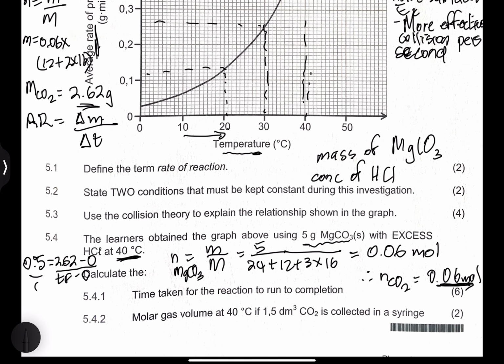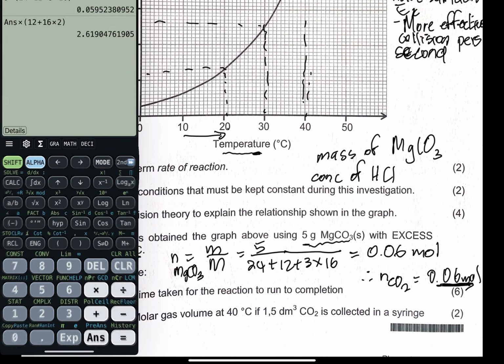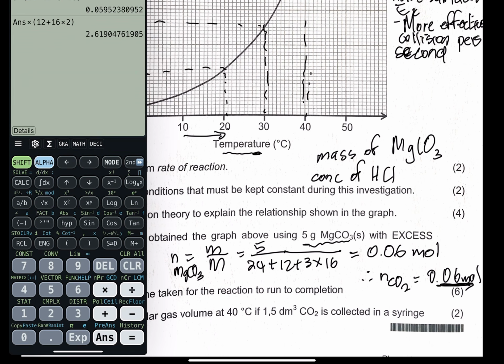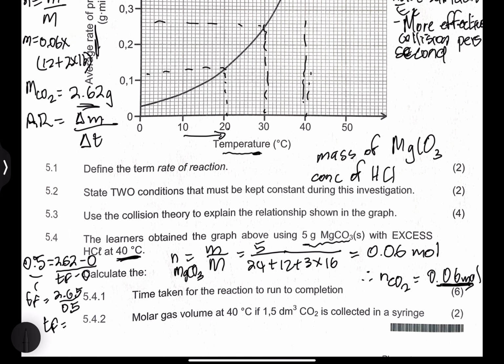If I divide that by 1, it means that TF would be 2.62 divided by 0.5. So the time would be 5.24.